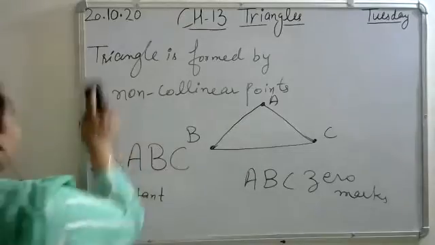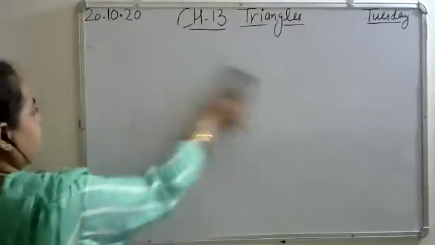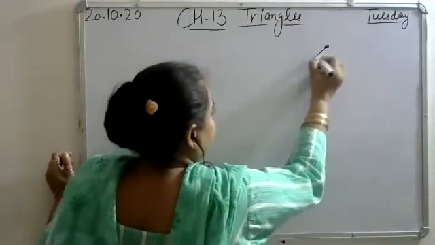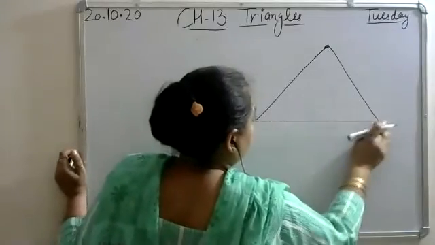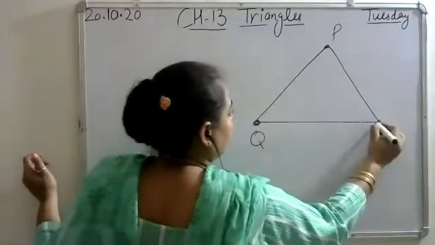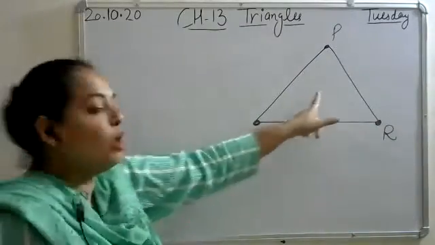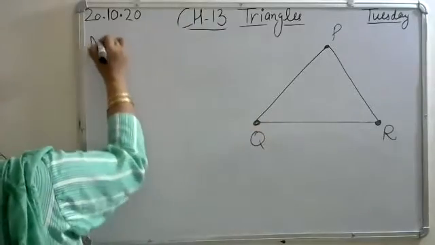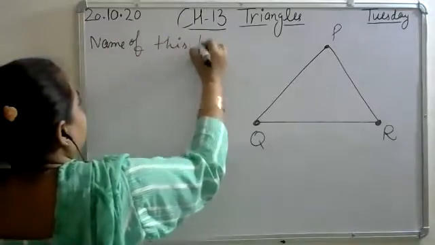Now, next, if I am talking about this triangle with P, Q, R, what is the name of this triangle?